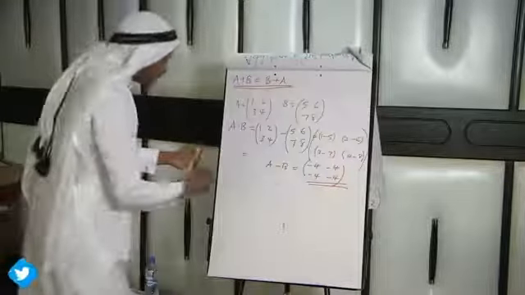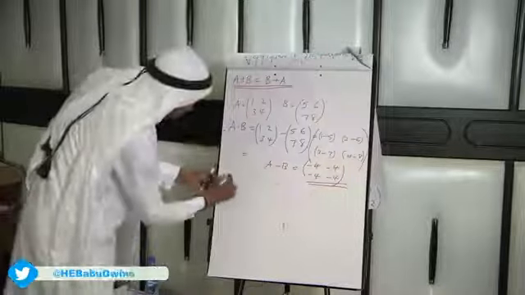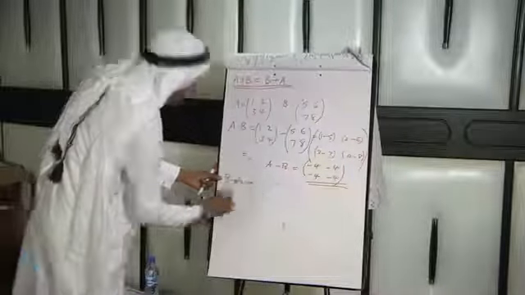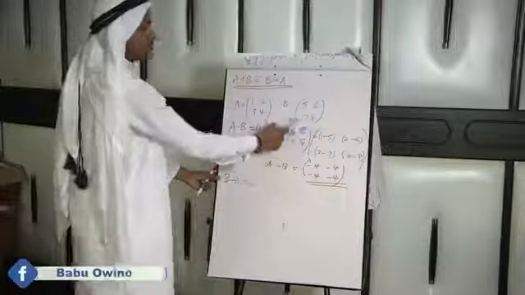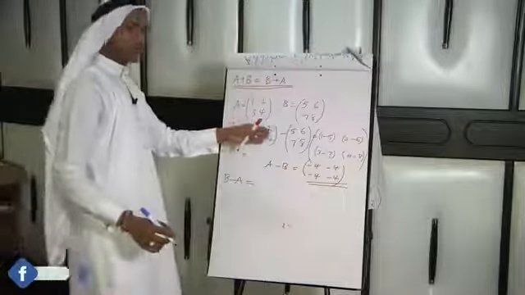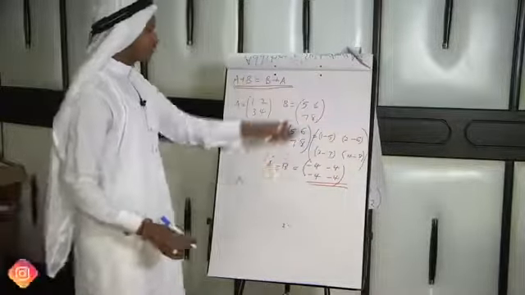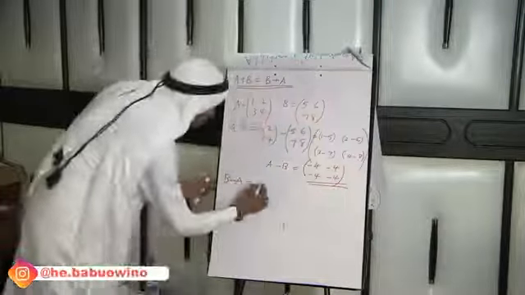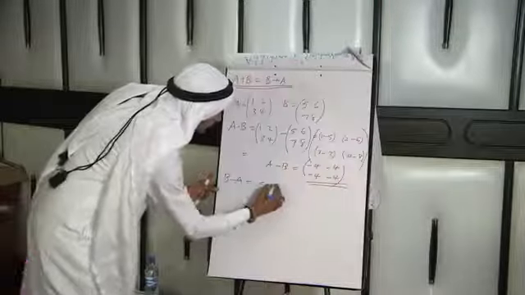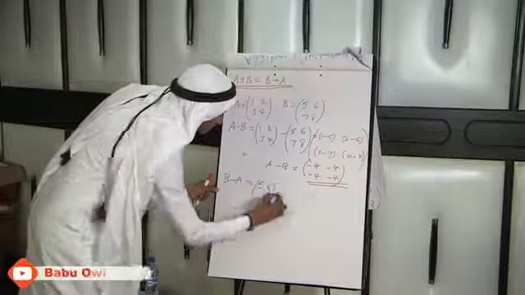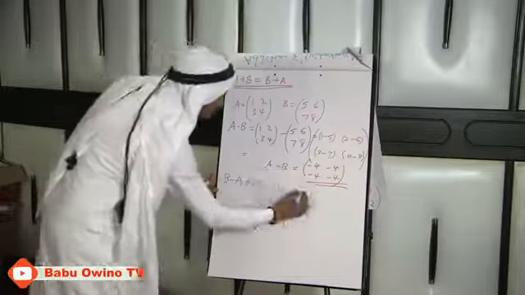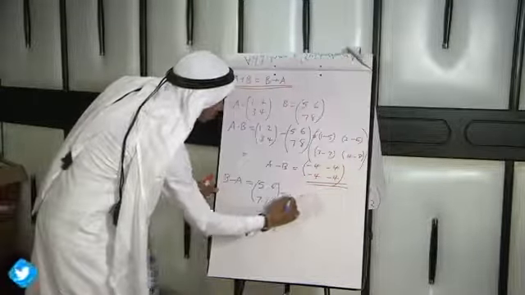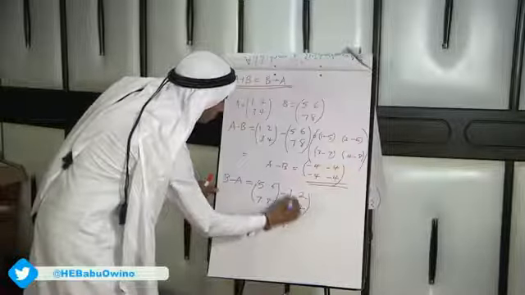What of B minus A? B minus A, now you start with B. If you are told A minus B, you start with A, then you subtract B. If you are told B minus A, you start with B, which is 5, 6, 7, 8, minus A, which is 1, 2, 3, 4.